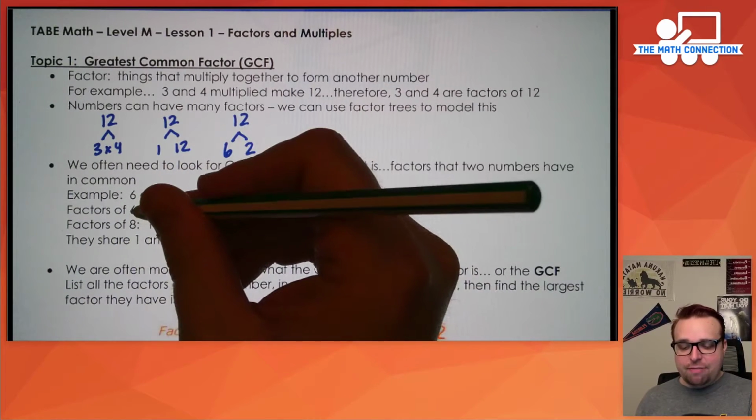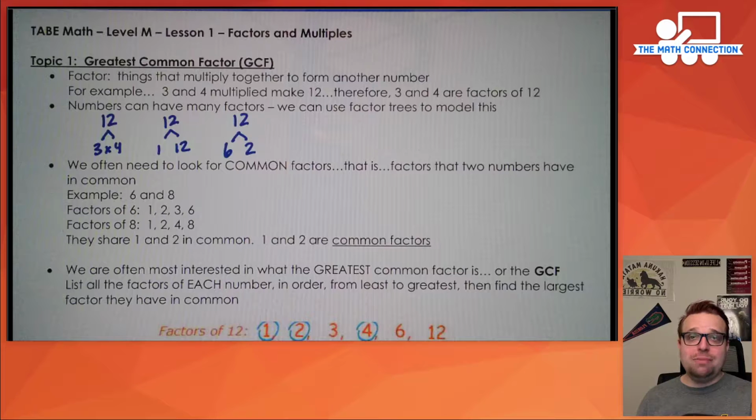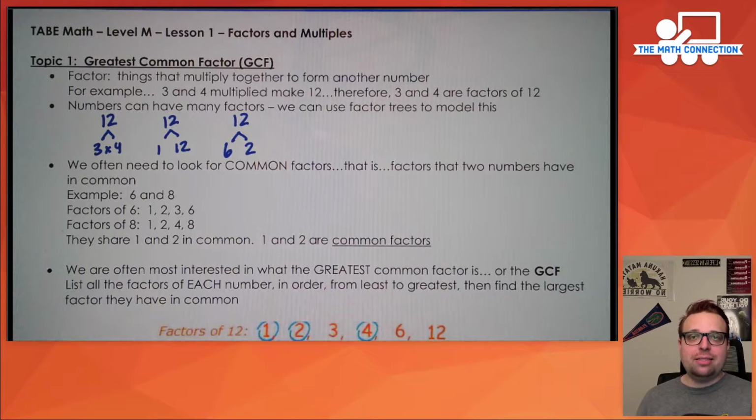The factors of 6 are 1 and 6, because 1 times 6 makes 6, and also 2 times 3 makes 6. So all the factors for 6, in order from least to greatest, are 1, 2, 3, and 6. You'll find that's a very good strategy to follow for these types of problems: finding all the factors, and then making a list from least to greatest.